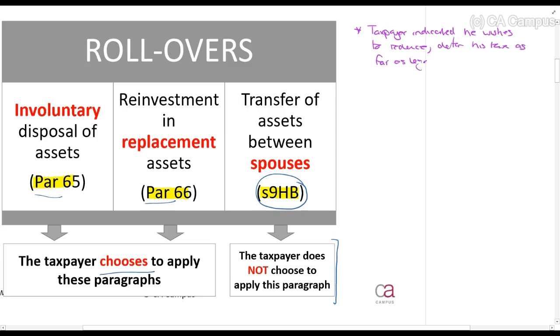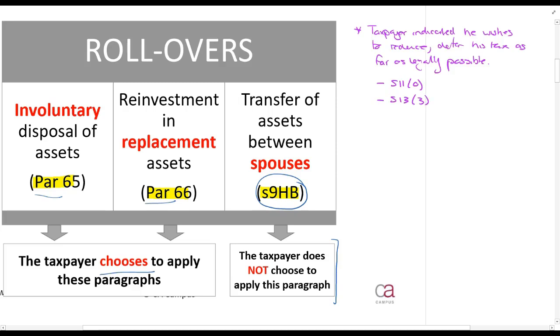And when they say that, it means that there are certain things in the Act which allow you to defer your tax. So instead of being taxed now, you get taxed in the future or over a period of time instead of upfront.